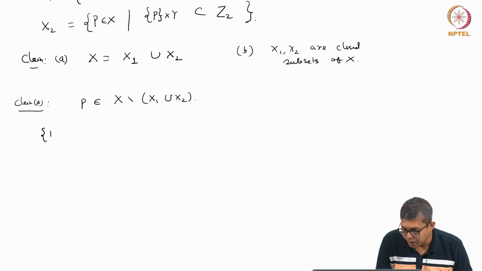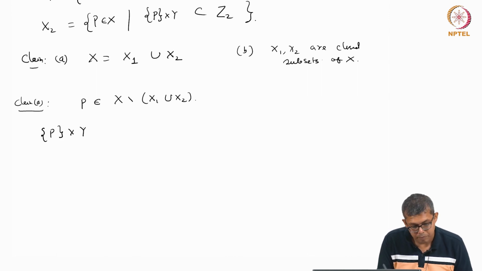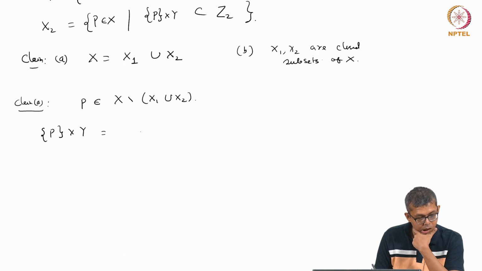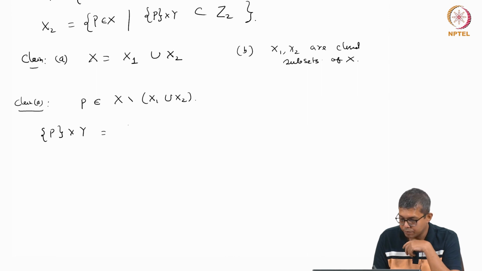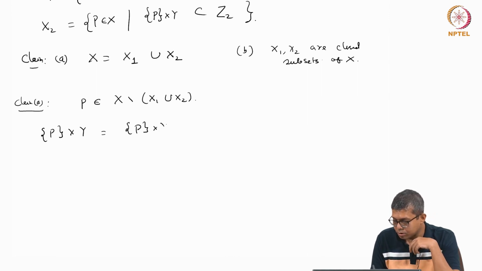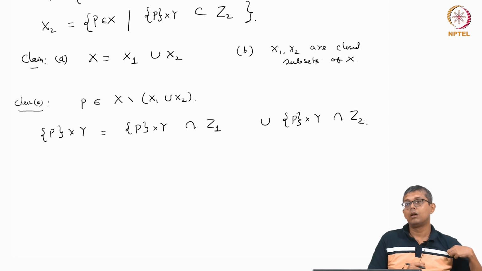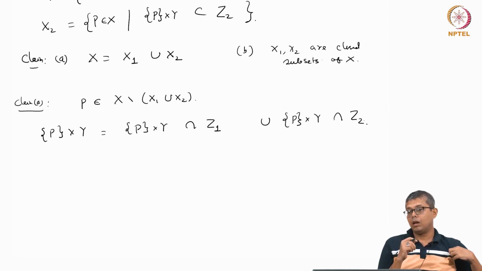Then P cross Y is nothing but P cross Y intersection Z1 union P cross Y intersection Z2, because X cross Y is Z1 union Z2.